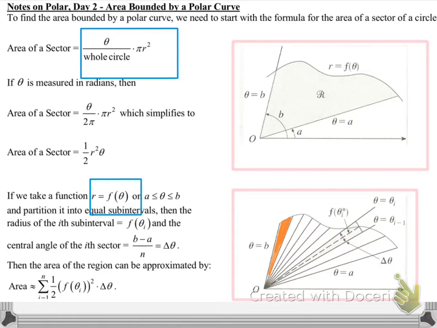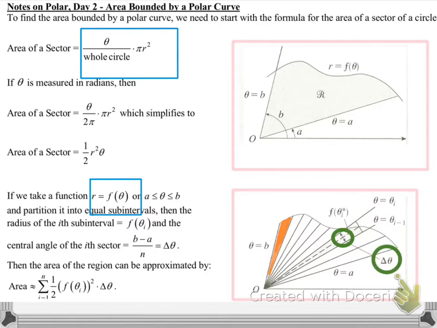The little width of each of these is delta theta. I'm sorry, I don't usually make you listen to all this.